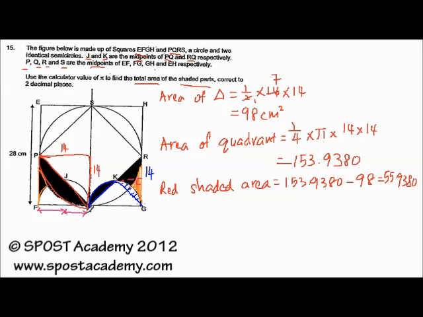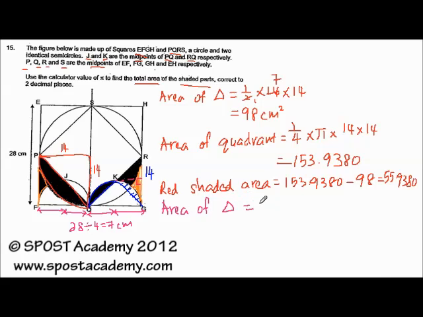This is also the radius, and radius. And since the whole length is 28, to find one pink part is just 28 divided by 4, which gives us 7 cm.